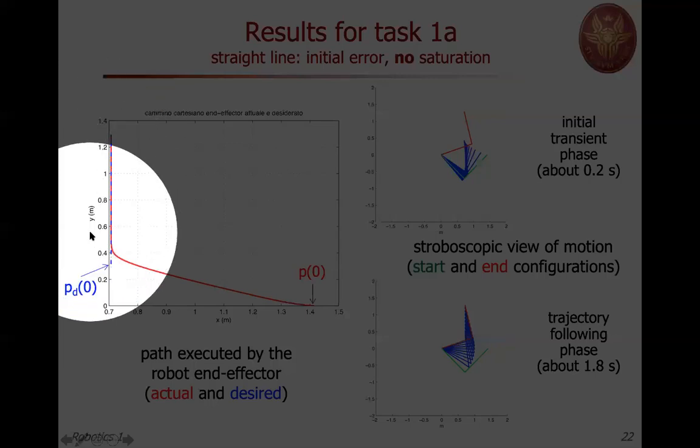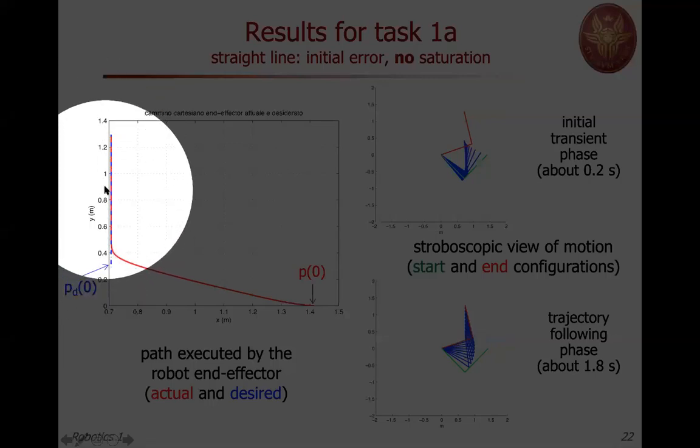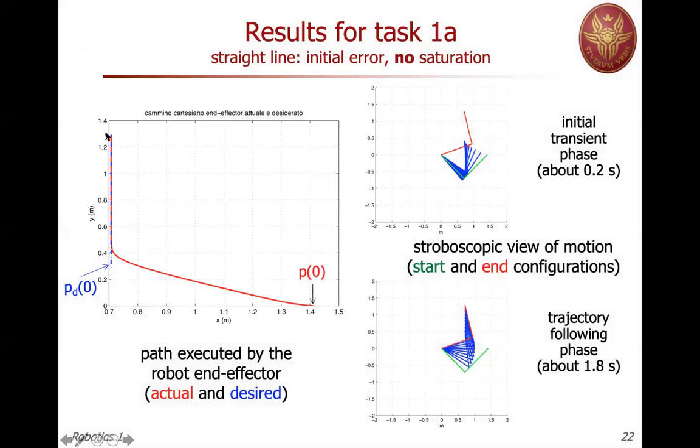The dashed blue line from 0.3 to 1.3 is the actual desired path. And you see where the desired path starts at time 0, pd of 0, and you see where the actual end effector position is at time 0, far off, both in x and y. Clearly, the error in x is much larger than the error in the y direction.